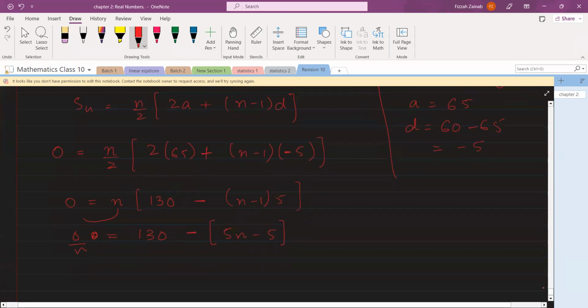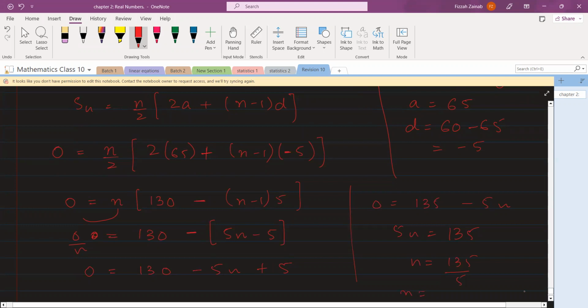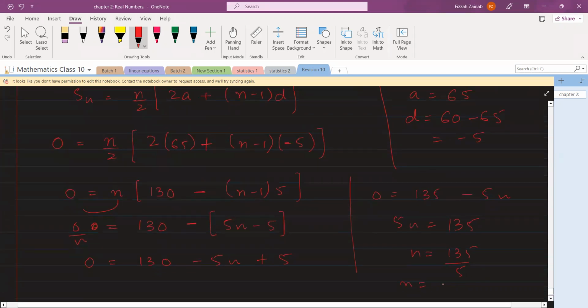Okay. So 0 is equal to 130 minus of 5n minus minus plus of 5. Now you can solve this. So this is 0 is 135 and minus of 5n. Bring this 5n here. And then n is 135 divided by 5. So your n will be how much? 5 into 2 is 10 and then 35. So 27.